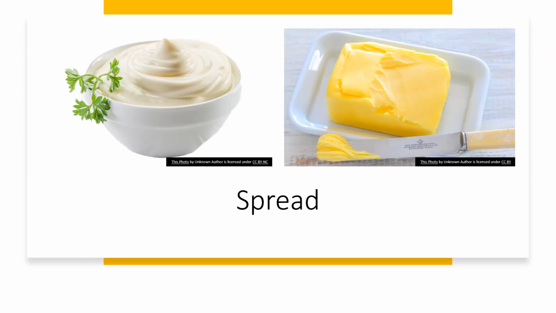There are 3 reasons of using spreads in making sandwiches. 1, it protects the bread from soaking up moisture from the filling. 2, it adds flavor. And 3, it adds moisture or mouthfeel. So we have butter and mayonnaise.